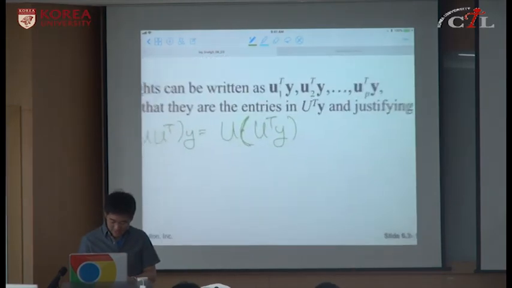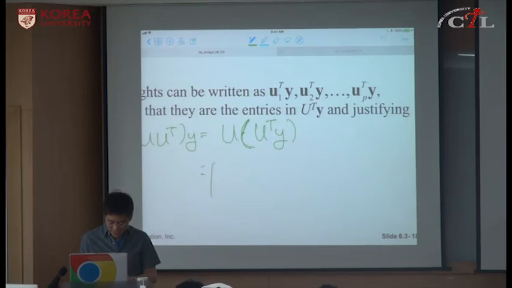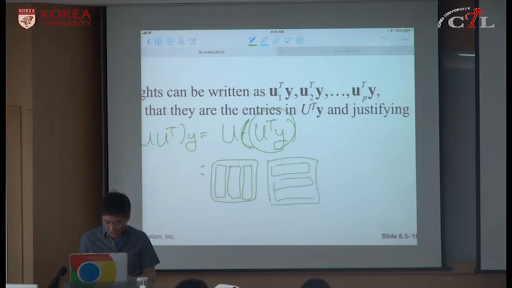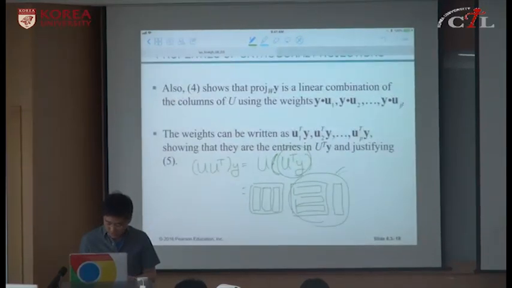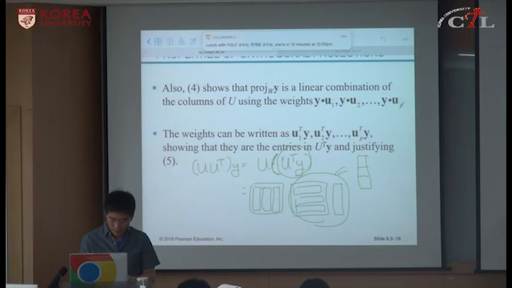In this case, we have U here, where we also have orthonormal columns. This is U transpose and y, and this part will be a three-dimensional vector, where this and this produce this.